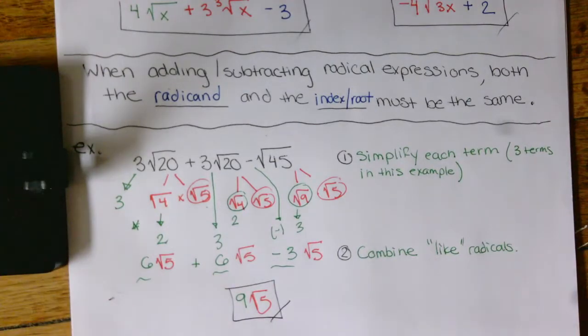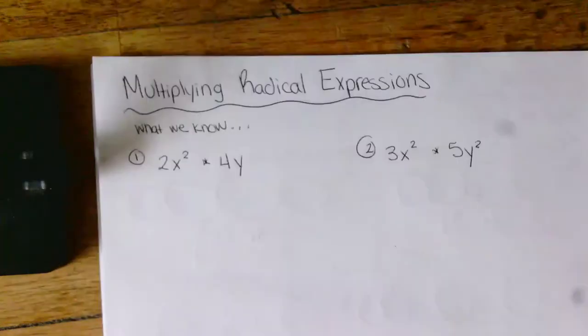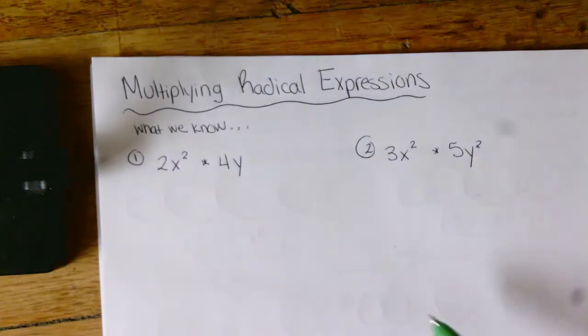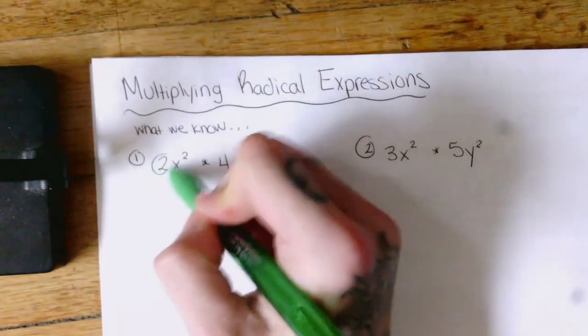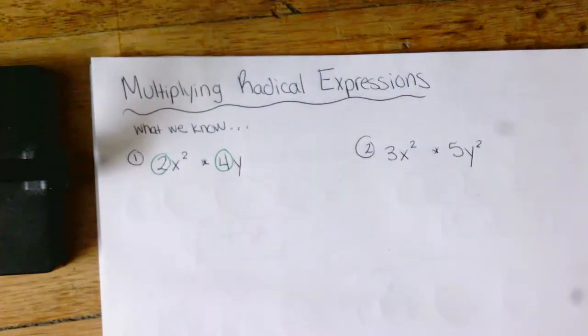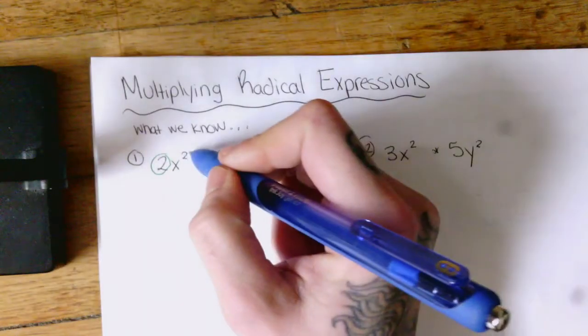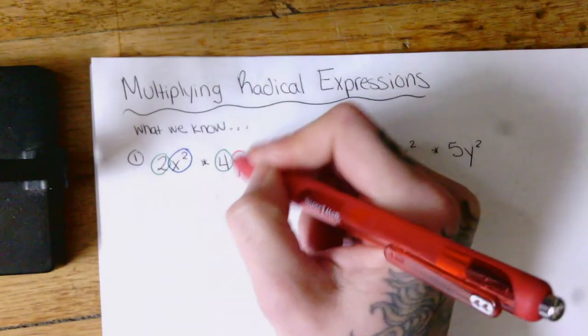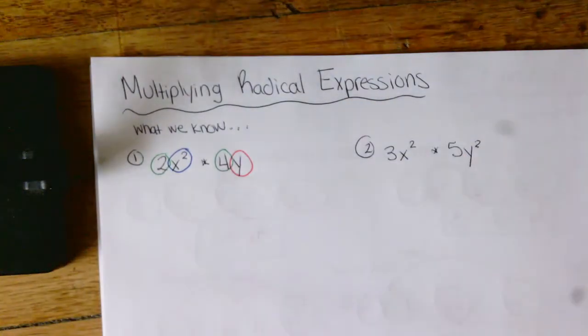Okay? Not so bad. Let's start with the things that we know. If I were to multiply 2x squared times 4y, I would find the numbers, and I would multiply them together. I would find each variable and multiply it together with each of its variables.